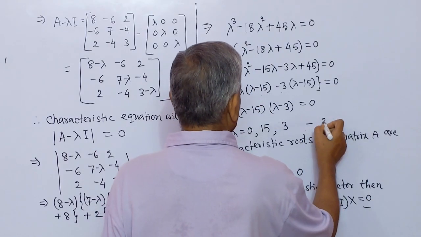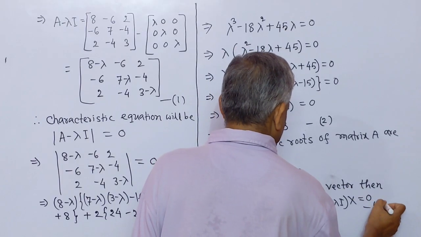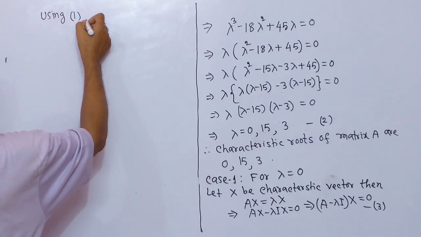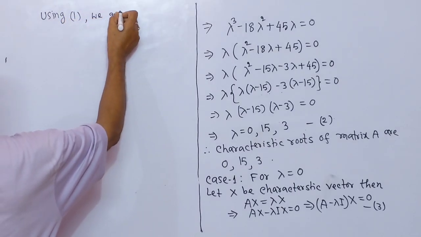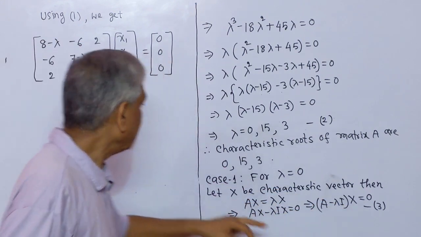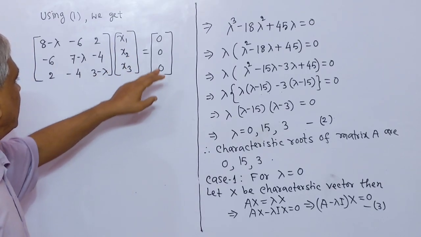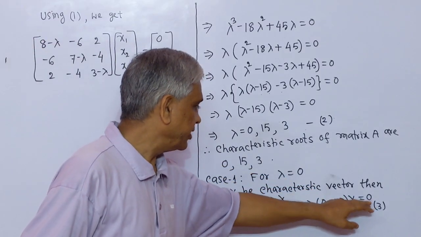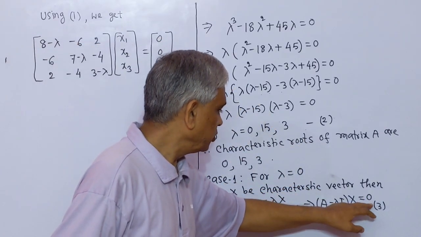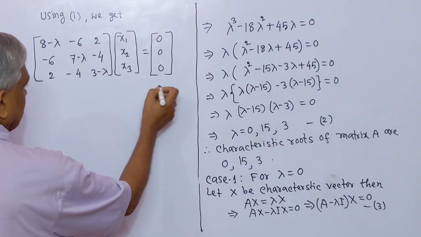Let this be number 2, this be number 3. Using 1, we get A minus lambda I, and capital X is column vector x1, x2, x3, and right side 0 vector, 0 matrix, [0, 0, 0]. This 0 is a real number and this 0 is a 0 matrix or 0 vector. This is number 4.